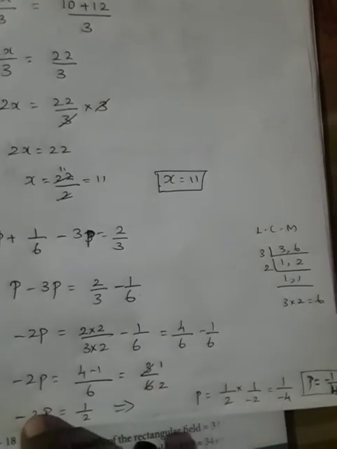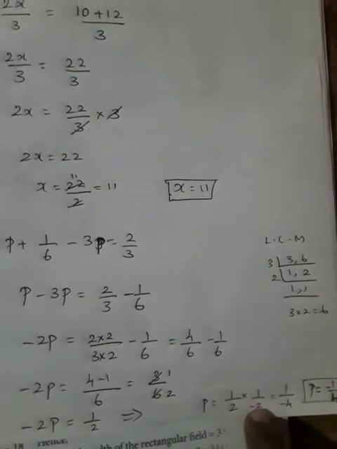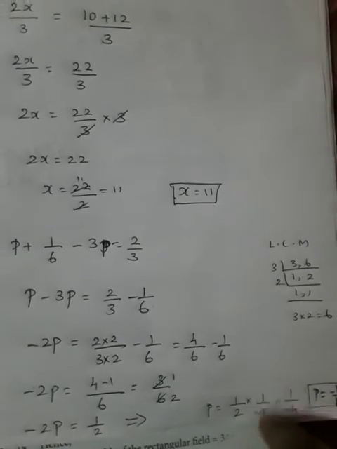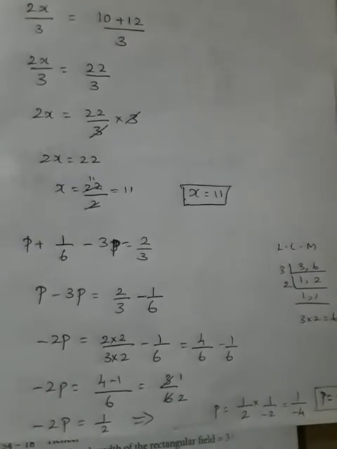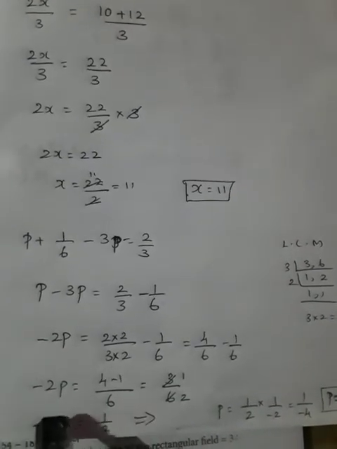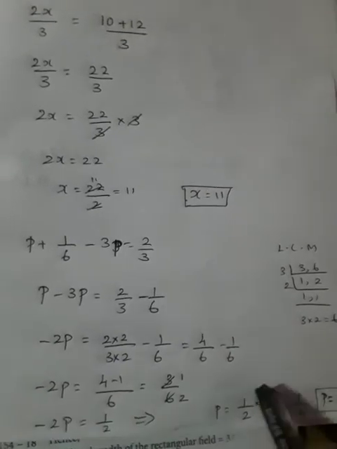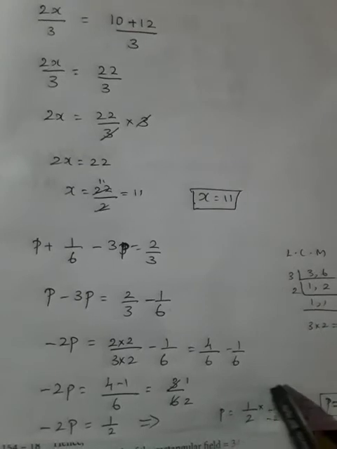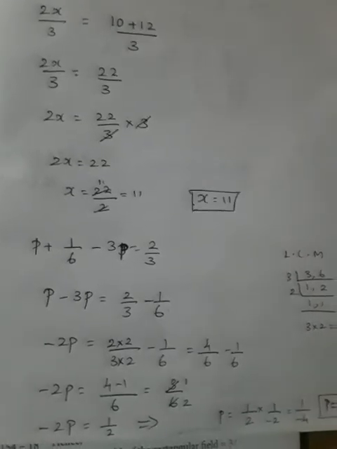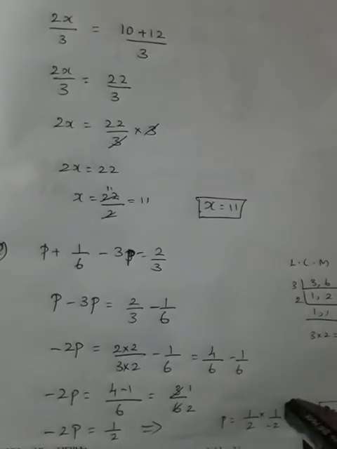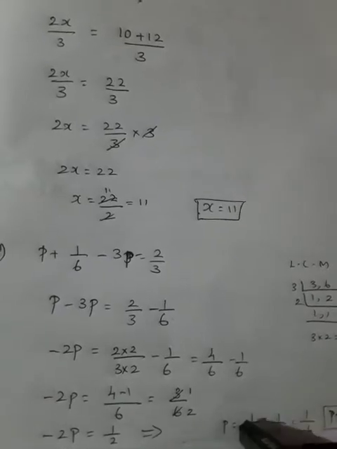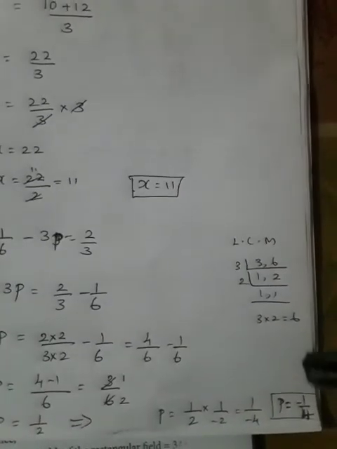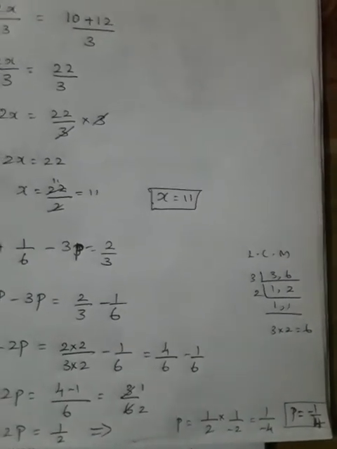This minus 2 is in the numerator, so we have to write it in the denominator. If no numerator is there, write it as 1. Very simple. So minus 2 into p, if you are transporting, it changes to divided by minus 2. Now you just do the usual multiplication. 1 ones are 1, plus into minus is minus, 2 twos are 4. So finally we can write p is equal to minus 1 by 4.